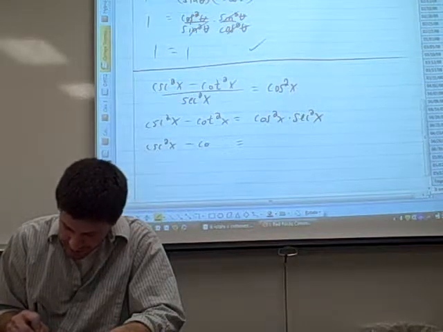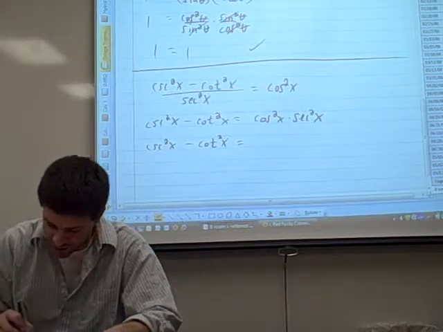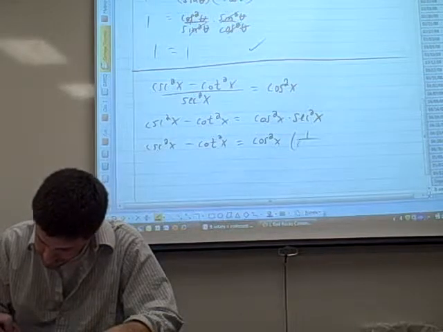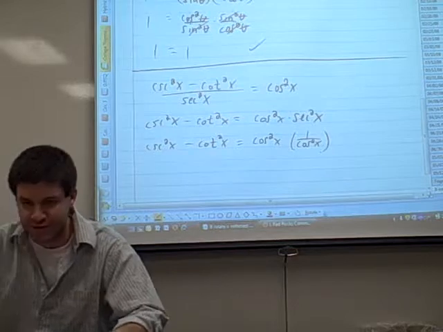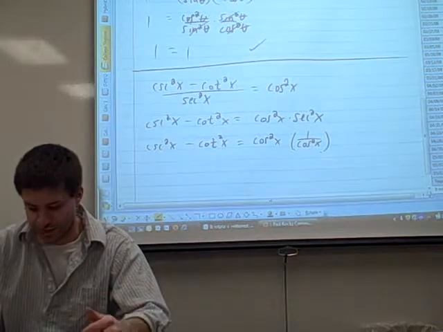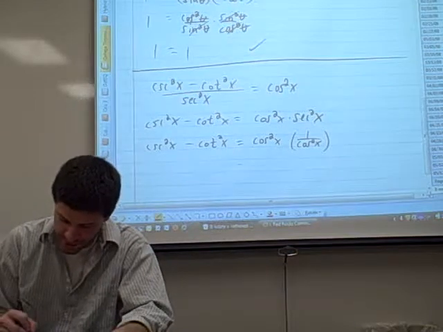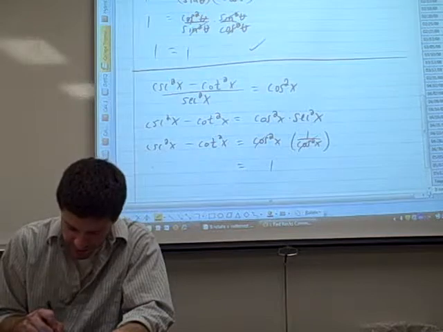In other words, I'm just going to copy down the left-hand side. In other words, secant we can write as 1 over cosine. And since we had secant squared, we can write it as 1 over cosine squared. Now you'll notice right away that those cosines cancel, and you just get 1 on the right-hand side.